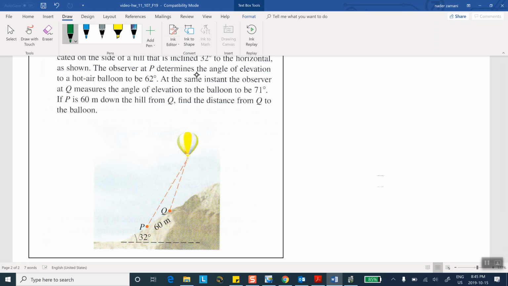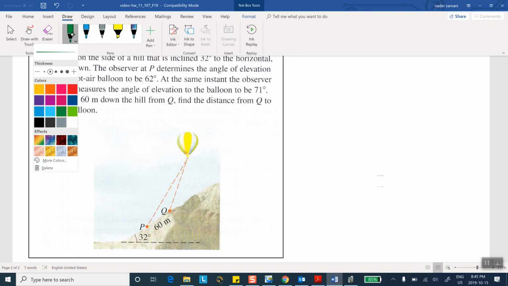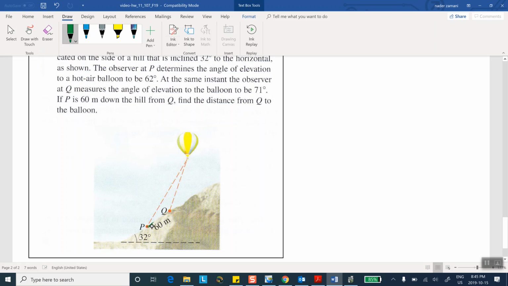The observer P determines the angle of the elevation of the hot air balloon 62 degrees. So if it's horizontal, this angle is 62 degrees, angle of elevation. At the same time, the observer at Q measures the angle of elevation to be 71. So this guy measures that to be 71 degrees.